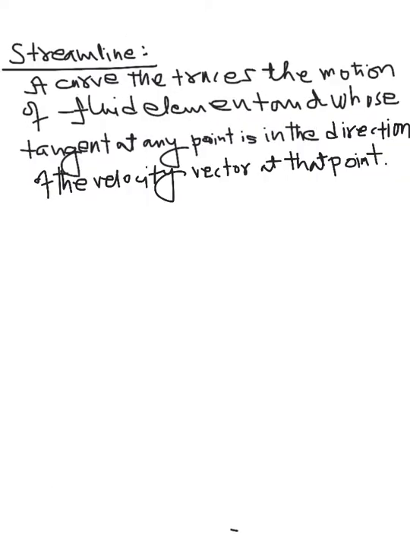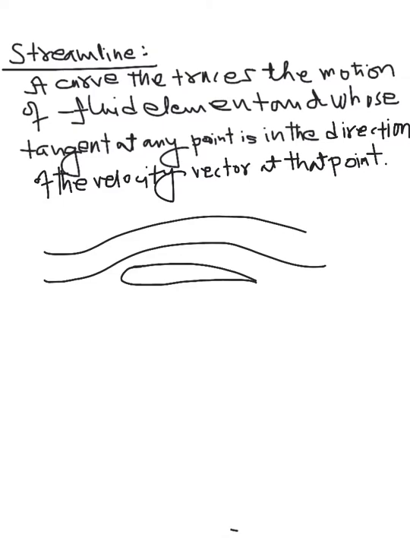So in this regard I would also like to explain another concept, which is a streamline. A streamline is a curve that traces the motion of the fluid element, but it is more vector oriented. That is, if I have, for example, an airfoil and fluid is flowing in that direction, each line is tracing the fluid motion.